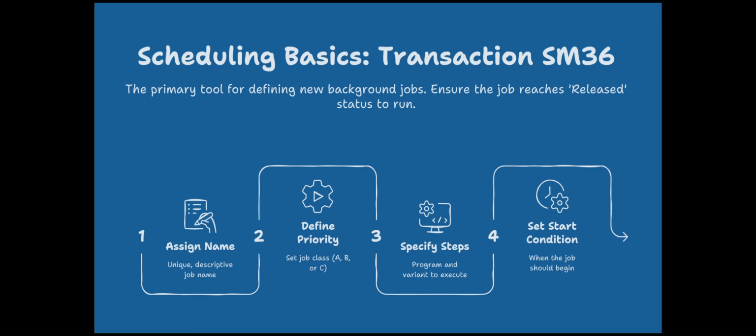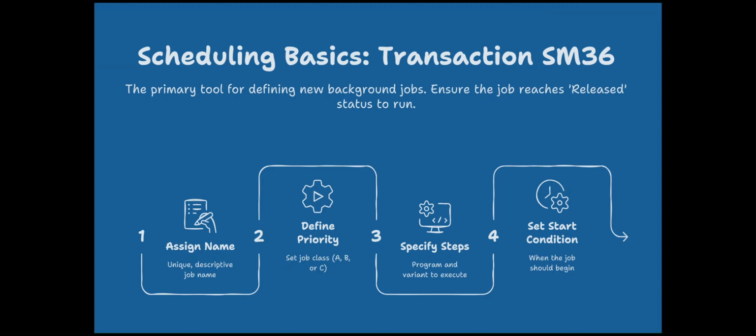Then scheduling basics, transaction SM36. In SM36, you can create and schedule a batch job. This is the primary tool where we define new background jobs, and ensure the job reaches released status to run. It is very important, because if your job is in scheduled status, it will not run until you release it.